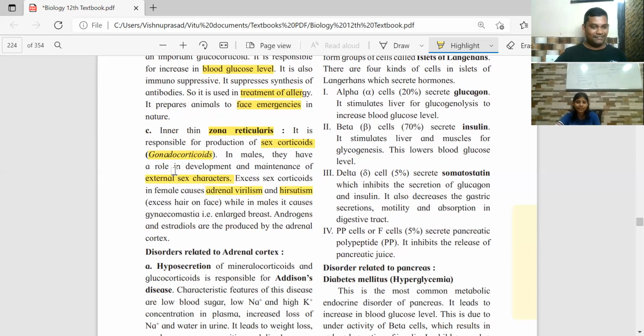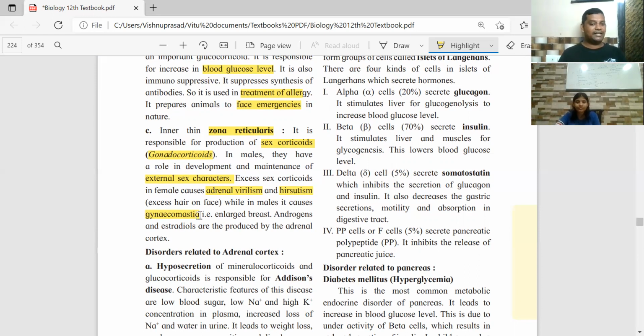In males, oversecretion of sex corticoids leads to a condition where males will have female characters. Males will have large breasts.